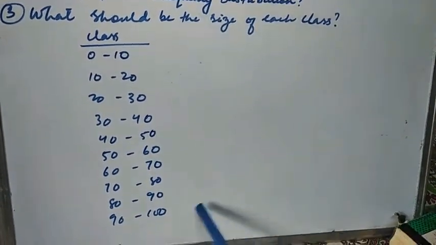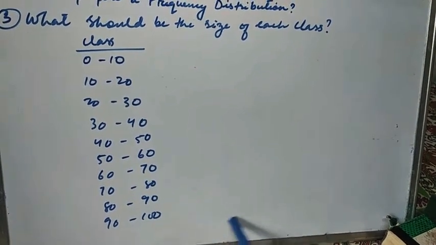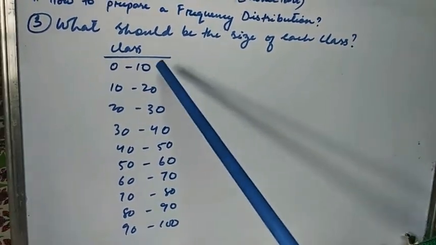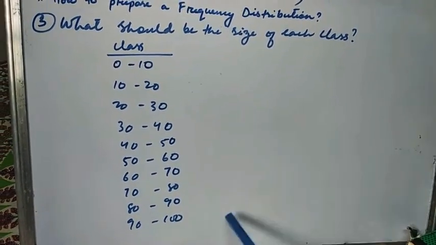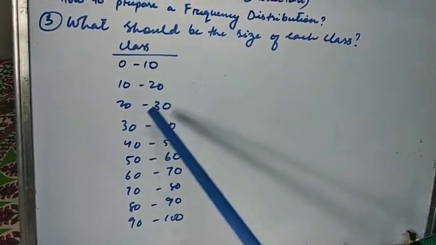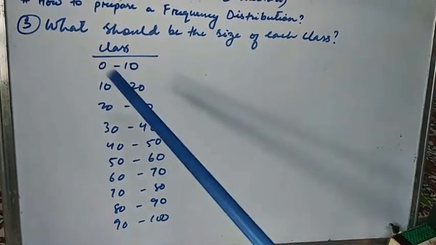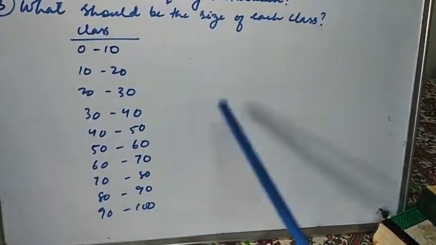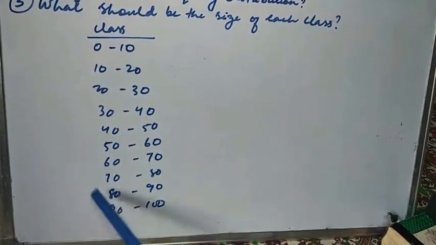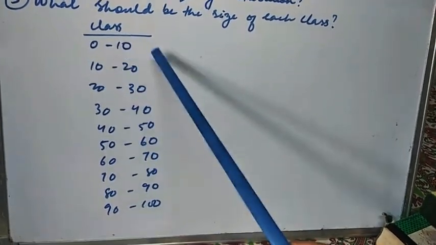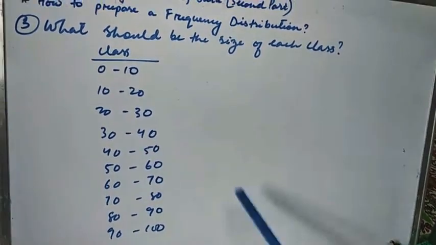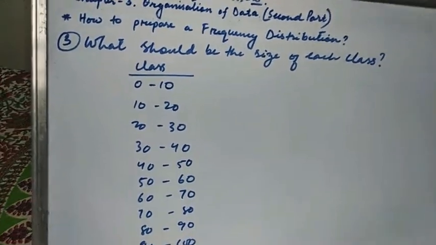As I have shown you in the calculation in the previous question, we can determine the number of classes. And this number of classes will determine the size of the classes automatically. Once given the range, you can determine the number of classes, and this number of classes is interlinked with the size of the classes. So they are interlinked, and decisions should not be taken separately.